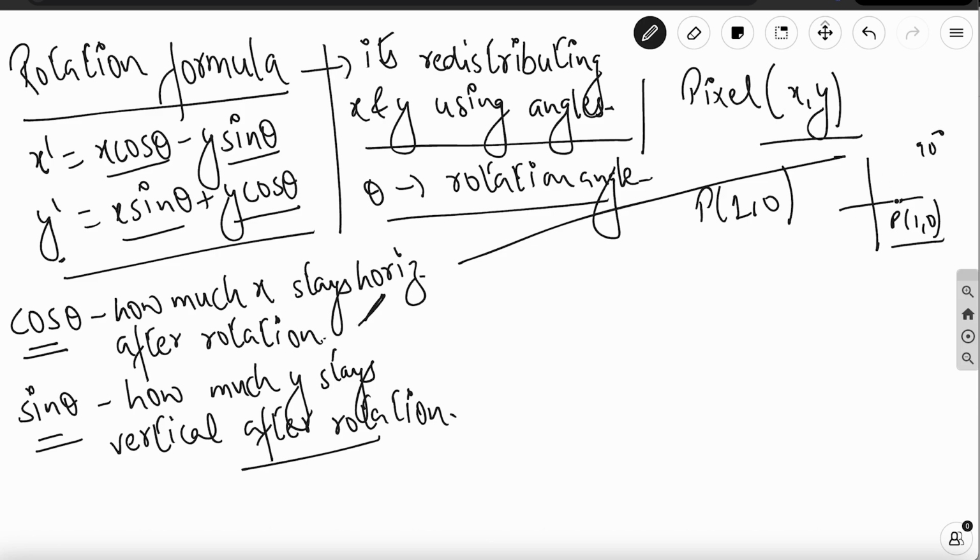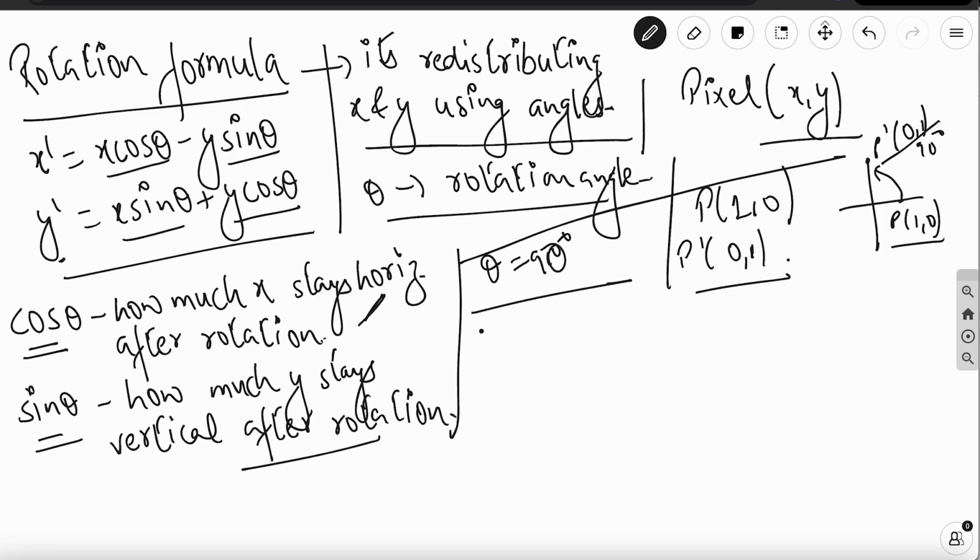This point rotates 90 degrees and comes to P dash. From a basic understanding of coordinates, x will be 0 whereas y will be 1, so P dash will be 0 comma 1. Now when we apply theta equal to 90 degrees in this formula, X dash will be x into cos 90 minus y into sin 90.